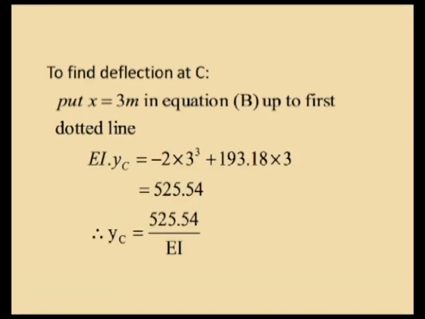So, to find deflection at C, we put x equal to 3 meters in the general equation for deflection up to the first dotted line. E value is known, I value is given, so we can calculate the EI value. EI will be in Newton millimeter squared, and since the load applied is in kilonewton and the distances are in meters, it is customary to have the value of EI in kilonewton meter squared.